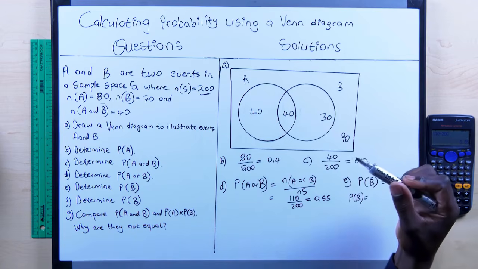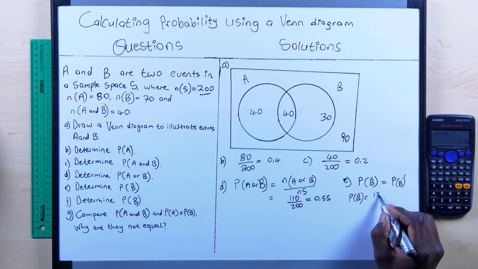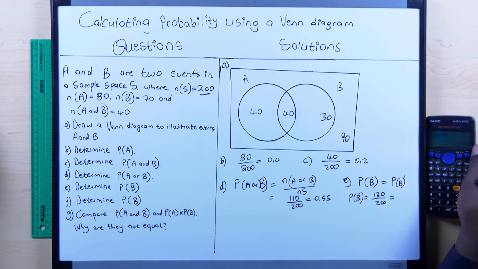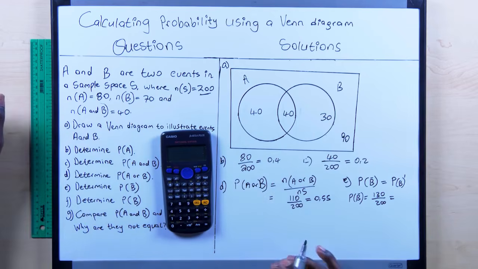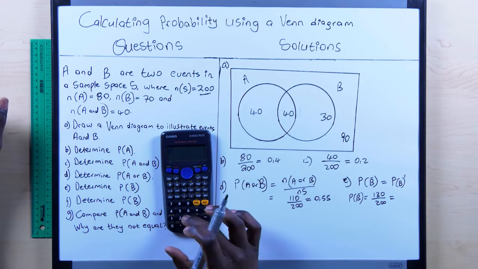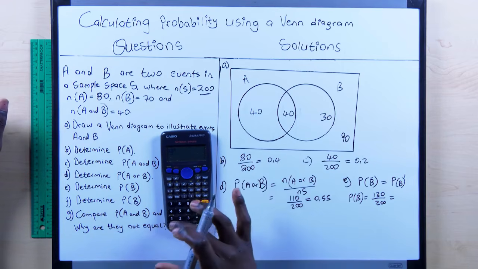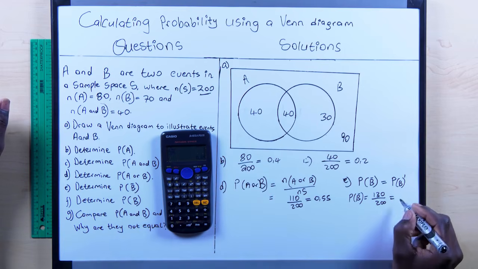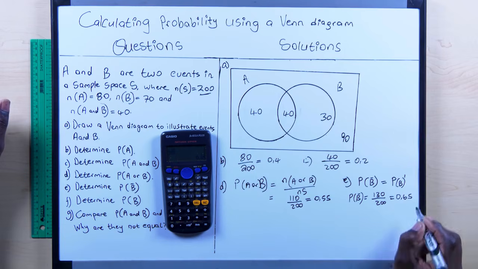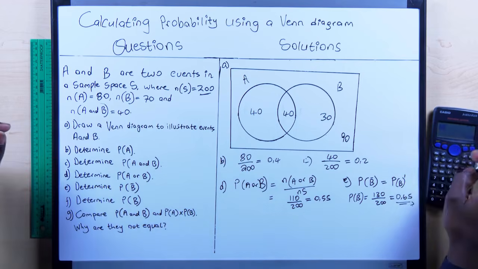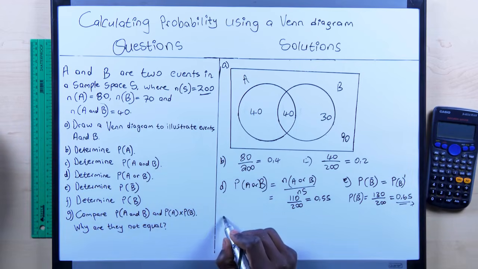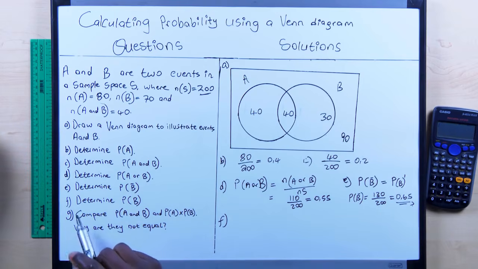So 90 plus 40 is 130. Which should give us 130 over 200, 0.65. And let's look at number F. What does number F say? Number F requires us to determine the probability of just B.